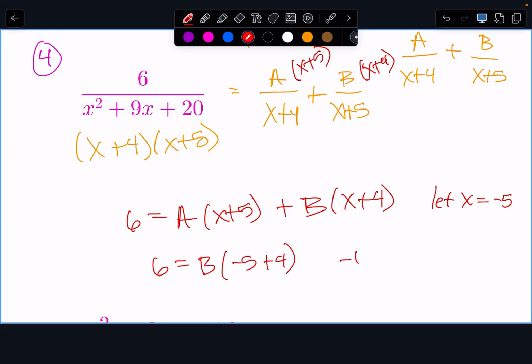So 6 equals negative b. Oh, what did I do?